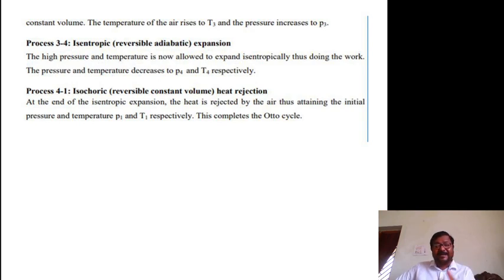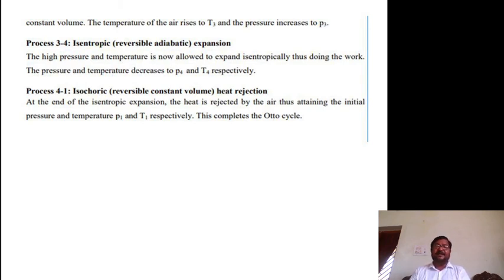From that equation, how many types of equations can you make? First equation: T1 by T2 is equal to P1 by P2 raised to the power of gamma minus 1 by gamma. Second equation: T1 by T2 is equal to V2 by V1 raised to the power of gamma minus 1. Third equation: P1 by P2 raised to the power of gamma minus 1 by gamma is equal to V2 by V1 raised to the power of gamma minus 1.